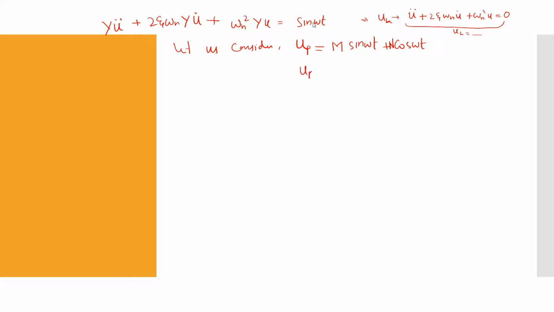If we differentiate it, u p dot equals m omega cos omega t minus n omega sine omega t. Differentiating a second time, we get minus m omega square sine of omega t minus n omega square cos of omega t.